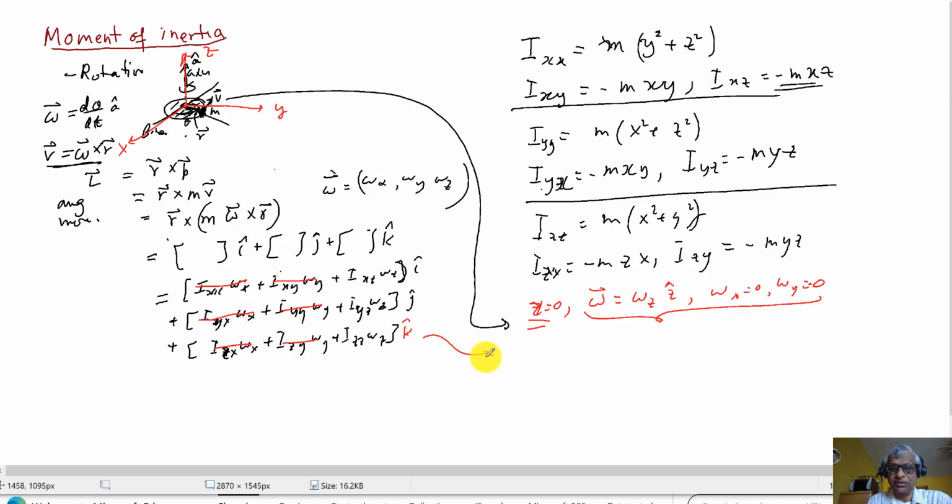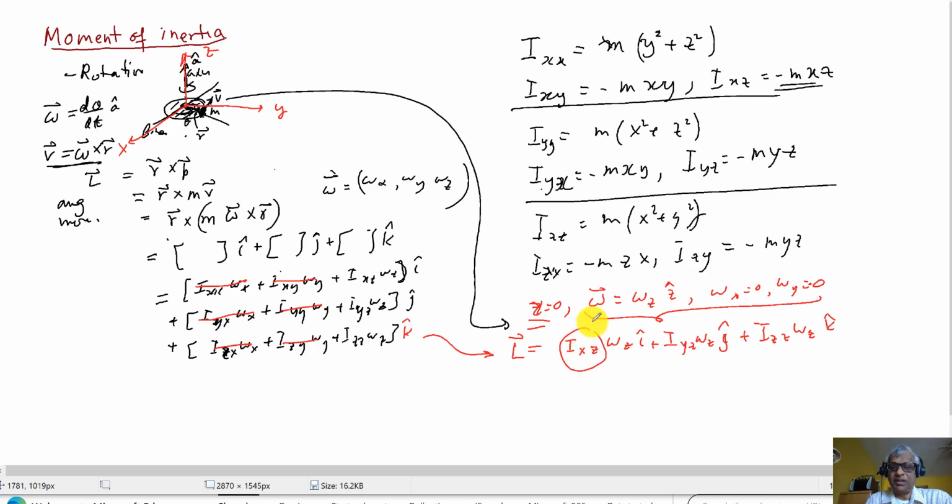So here L simply becomes I xz omega z i hat plus I yz omega z j hat plus I zz omega z k hat.